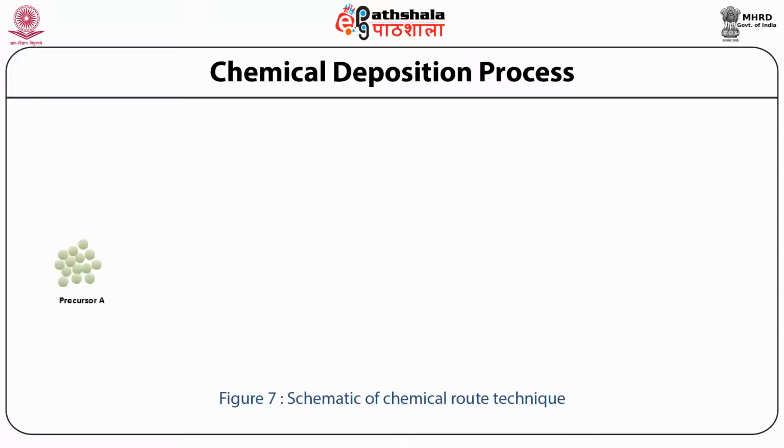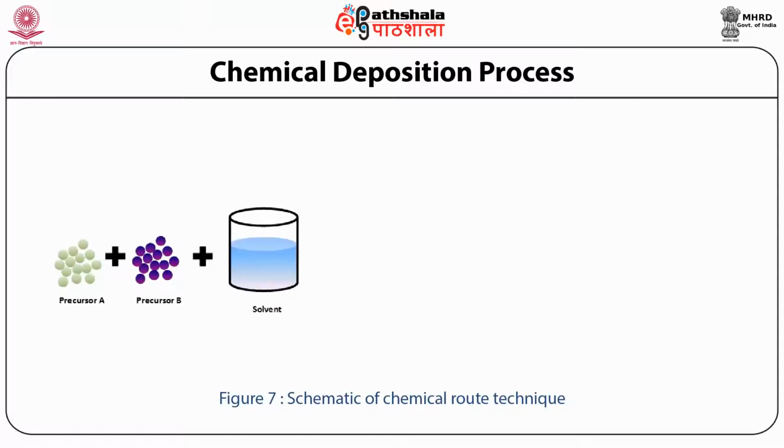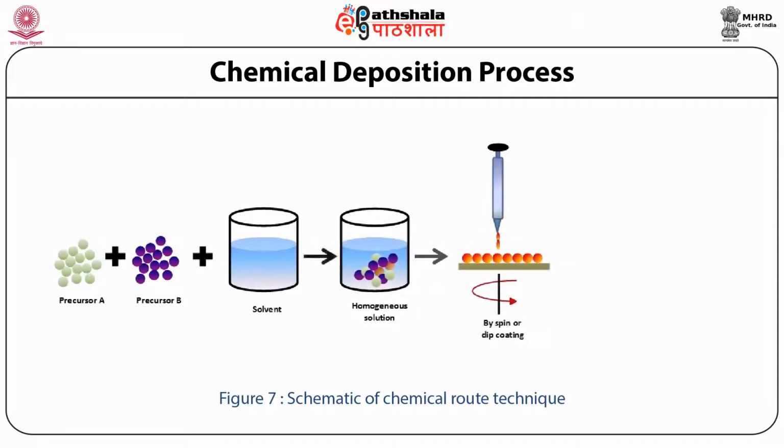The given figure shows the schematic of the chemical route technique, in which we can see that there are two precursors, precursor A and precursor B. They are dissolved in the solvent, which results in a homogeneous solution.